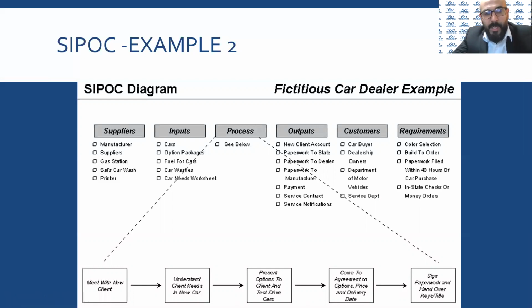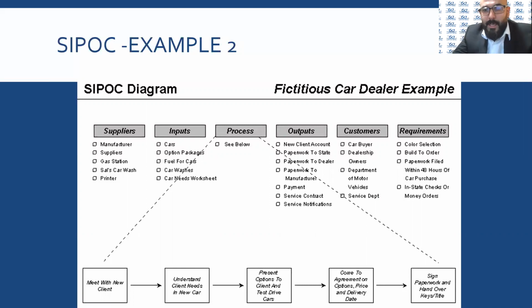The process flow diagram: meet with a new client, understand client need in a new car, present options, show some options to the client, and come to agreement on option, delivery price, etc. Sign the paperwork and hand over keys and title. As the output, what is the output for this process?